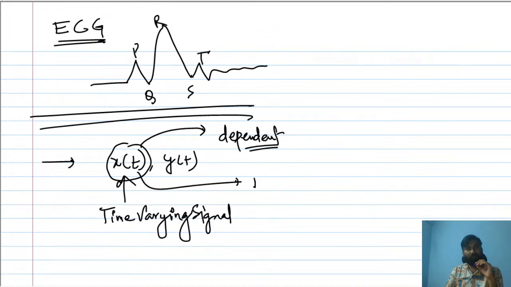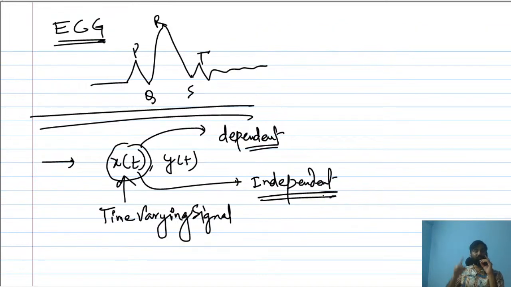Time is the independent variable; x of t is dependent on time, not the other way around. So mathematically, a signal is a function of time which conveys some information. If it does not convey any information, it cannot be regarded as a signal. You have to understand that always.